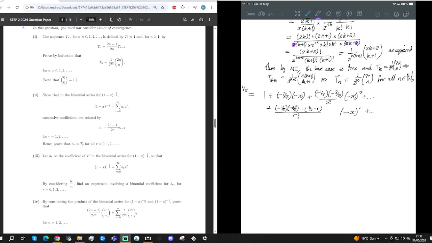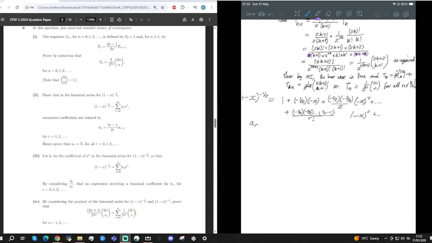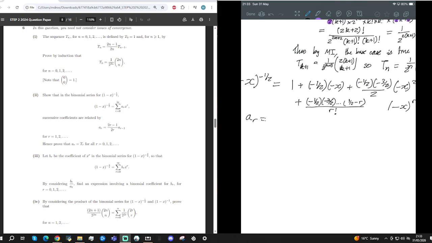The question is wanting us to link consecutive coefficients together. So I think I'm actually going to pull those coefficients out. So the AR, and I'm still a little bit concerned on when I want to start simplifying and dealing with the negative signs and other clever tricks. And I think I want to do that here. So AR, and again, notice that there are r brackets here to match with the r negative signs with the power of x.